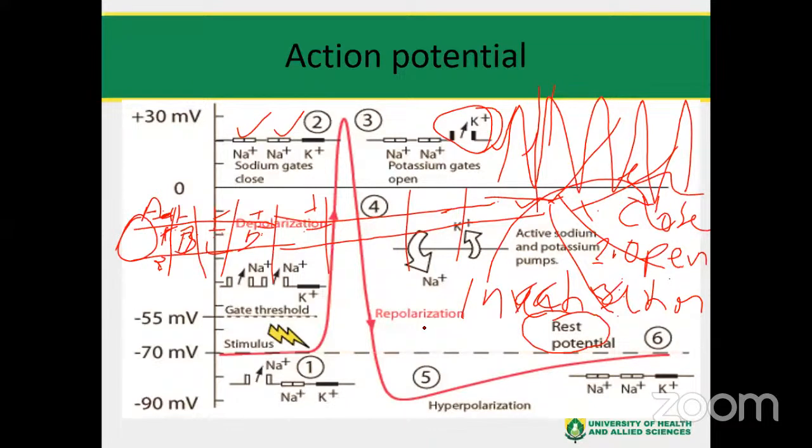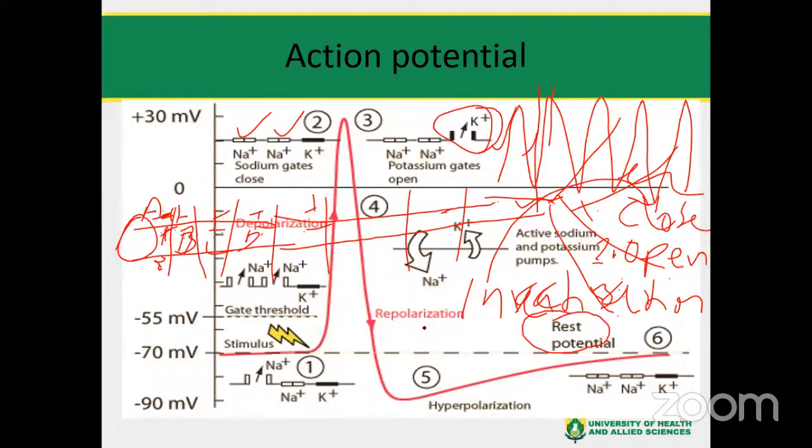Then the next thing I want to find out is, I've seen the threshold, then we have negative 55 mV, then the stimulus. Is it the level at which the pain stimulus should reach before this process starts occurring, or can it happen at any level? Yes.